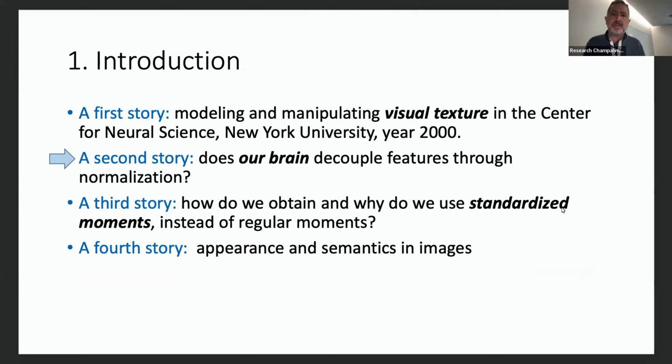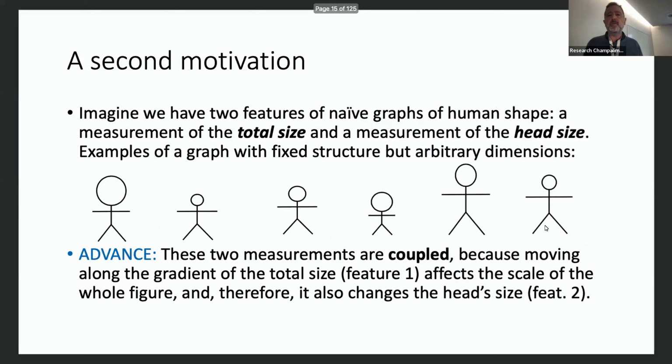The second story is just a more qualitative reflection on how our brain and our sensory system, particularly vision, works. Imagine that we have two features. This is very naive, but I hope it expresses the idea. The two features here would be the total size and the head size.